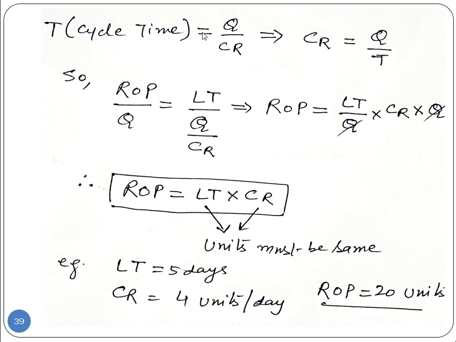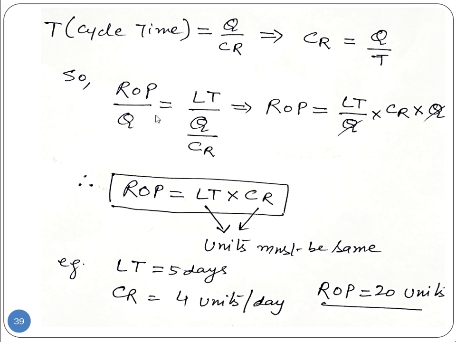For this case, the cycle time we know is Q upon CR. Q is the total quantity you have, and consumption rate we can find with the help of the tangent, that is the slope of the line: total quantity over the cycle time.